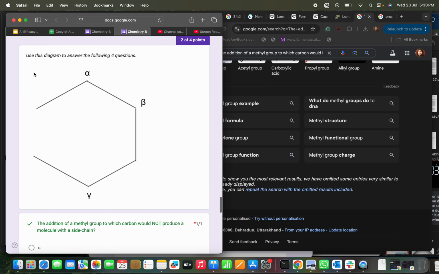So the number of valence electrons, there will be 6 here. There are 3 ones. CH3.